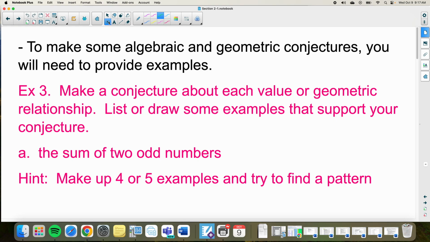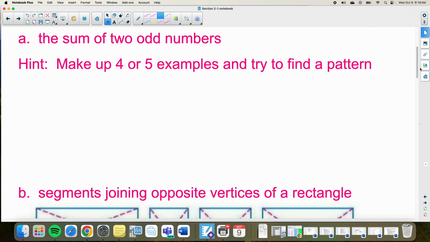So they want us to do some examples where we find the sum of two odd numbers, any two odd numbers that you want, and then try to come up with a conjecture about those, something that's true about all of them, okay? So if I go down here, it says find 4 or 5 examples and try to find a pattern. Sum means add, right? And we're gonna add together any two odd numbers, doesn't matter.